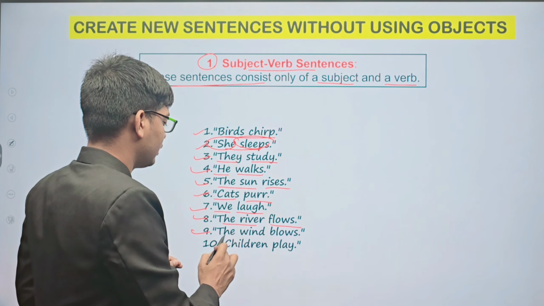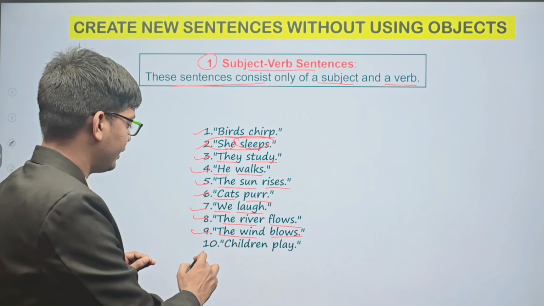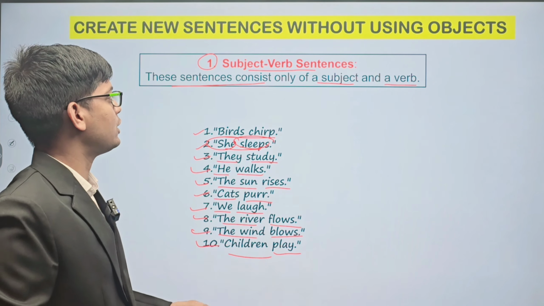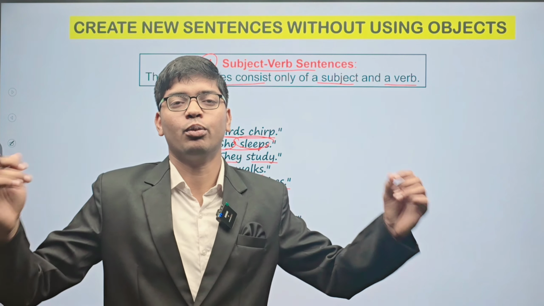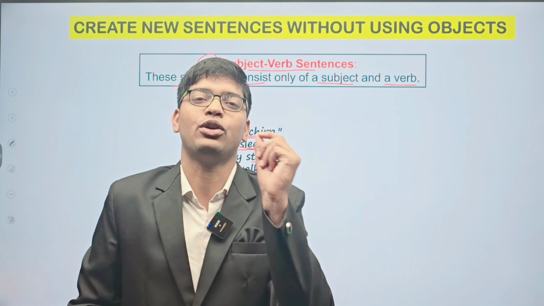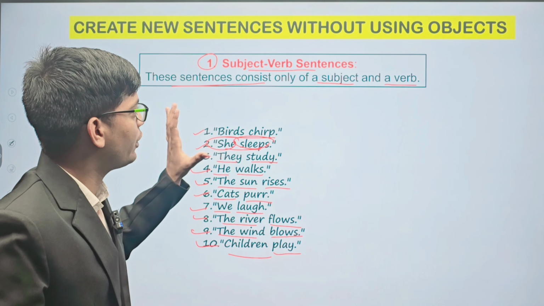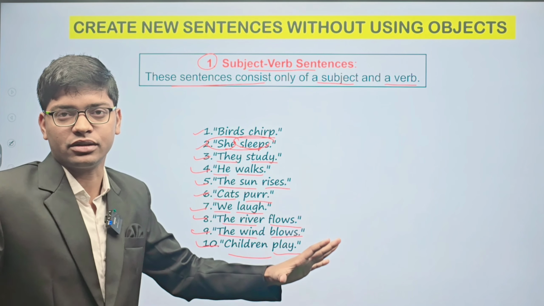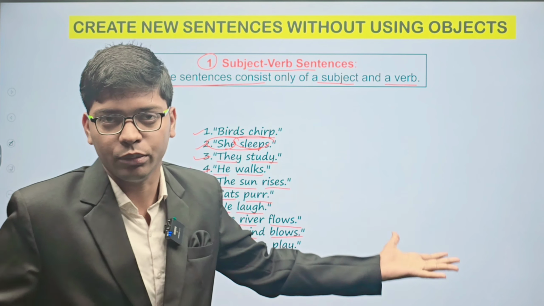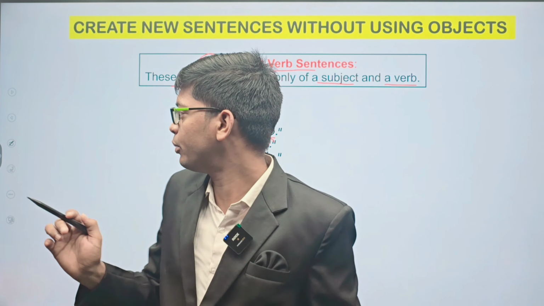Children play. I hope you can create multiple types of English sentences without using any object. The first way is subject-verb sentences, which consist only of a subject and a verb. So let's move on to the second way.